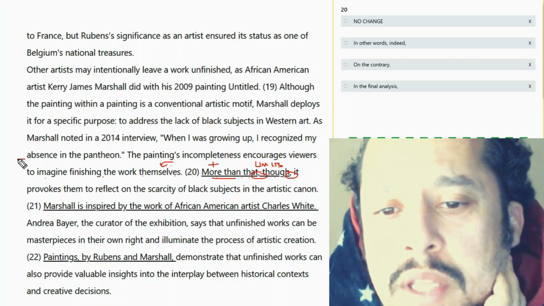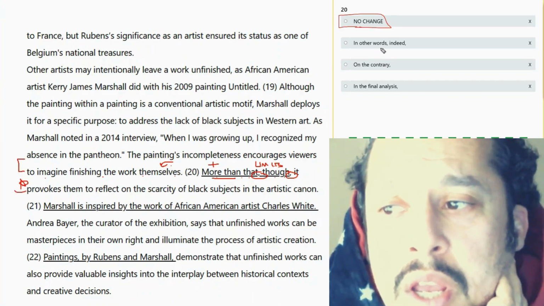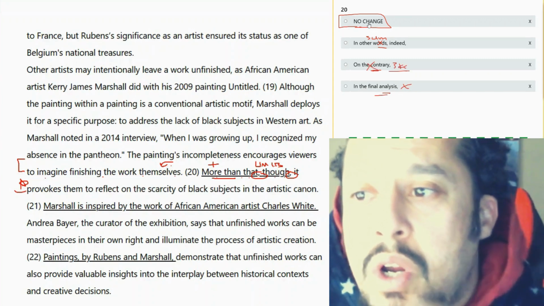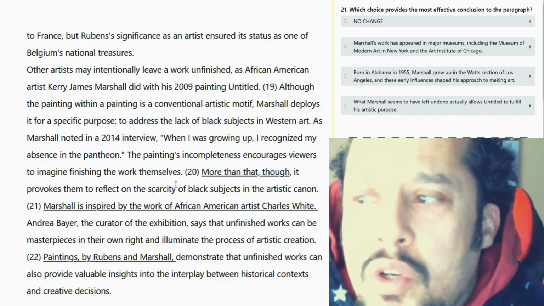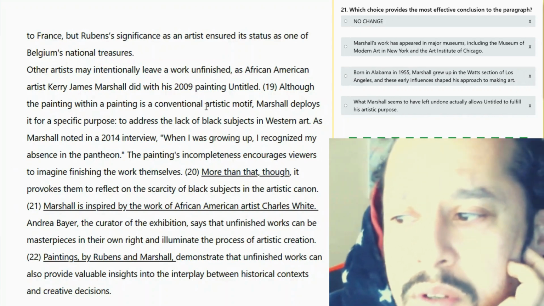So it doesn't just do this, it also does that. So I like answer A here. I give it A, no change. "In other words" indicates a summary and we don't have a summary. "On the contrary" means the opposite, not the opposite of the idea, it adds to the idea. "In the final analysis" also, there's no support there. So here we say answer A.